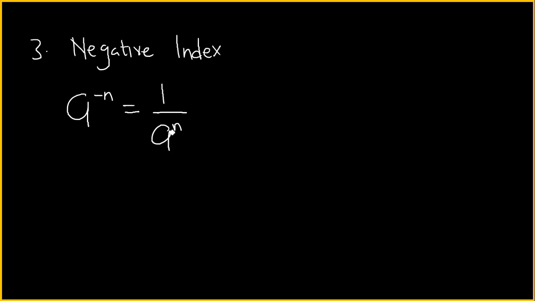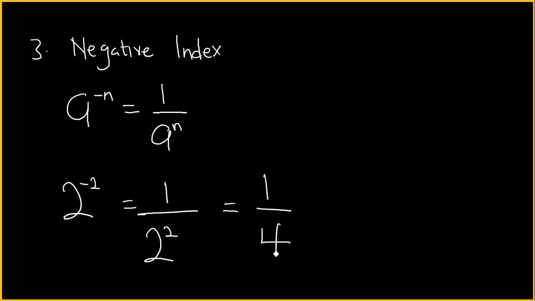And this is called the negative index. So anytime you have 2 to the power negative 2, this is also rewritten as 1 on 2 to the power 2. It gives us 1 on 4. So this is also a property called the negative index.